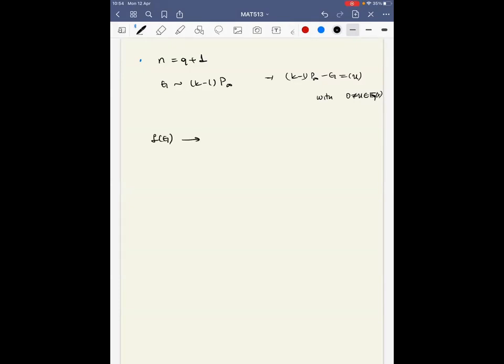So to be able to obtain a linear code of length q plus 1, that means we need to consider the evaluations of functions at each place.